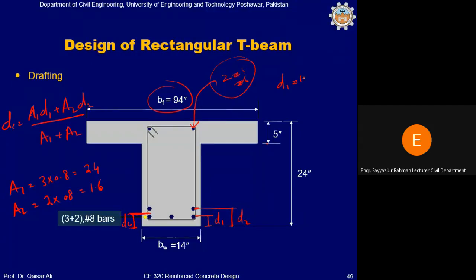It will be 1.5 inch clear cover plus 3 by 8 inch is the dia of stirrup, and plus half dia of the number 8 bar, which is a dia of 1 inch. These are calculated. 2.375.